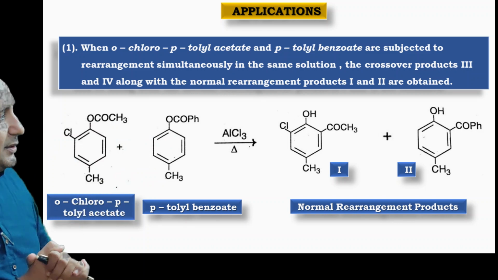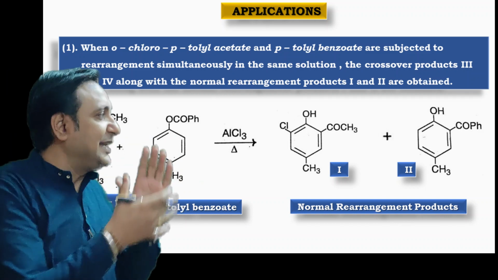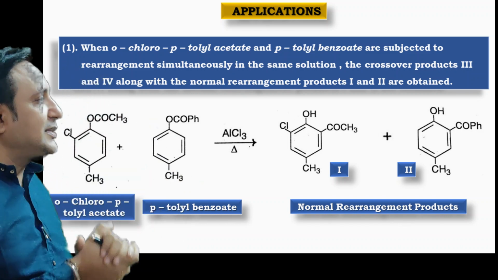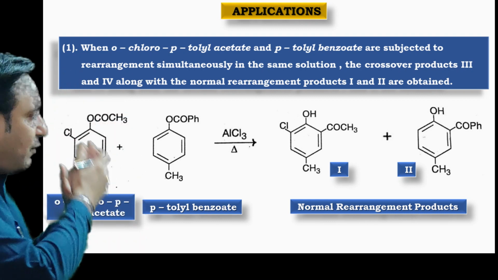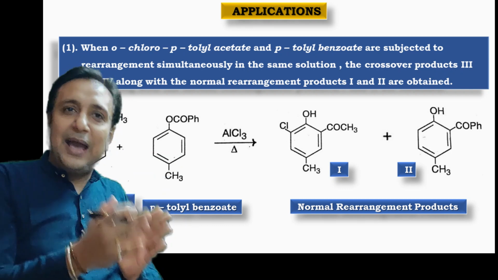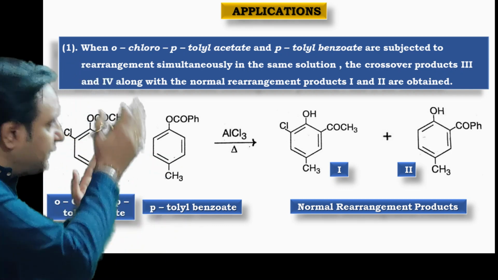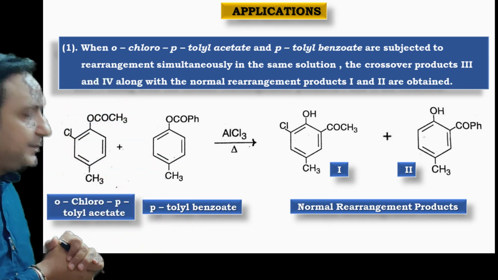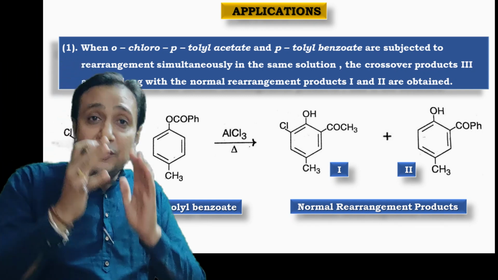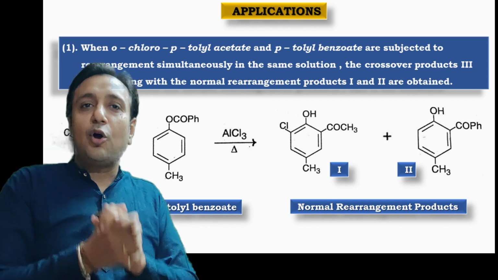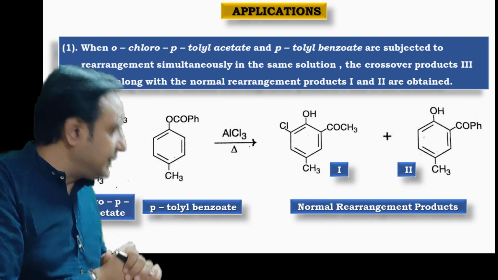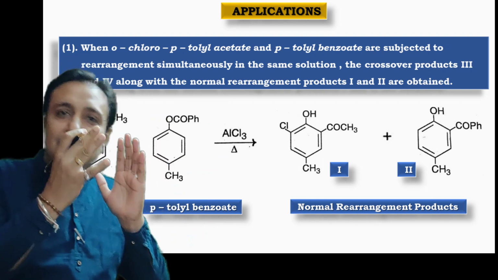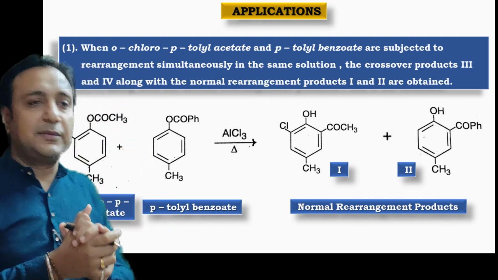The first pair of products is given on your screen. These products are obtained when the acetyl group of ortho-chloro-para-tolyl acetate is shifted to its ortho position, while the benzoyl group of para-tolyl benzoate is shifted to its own ortho position. These are the normal rearrangement products.